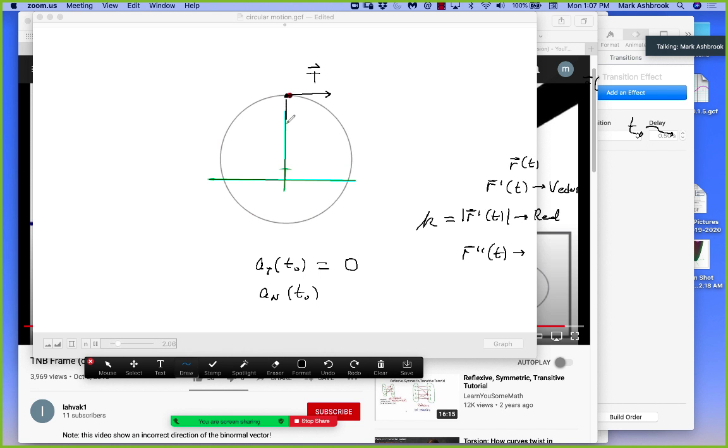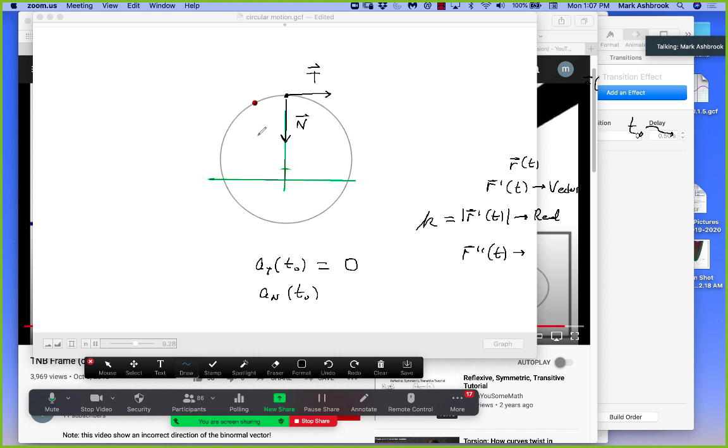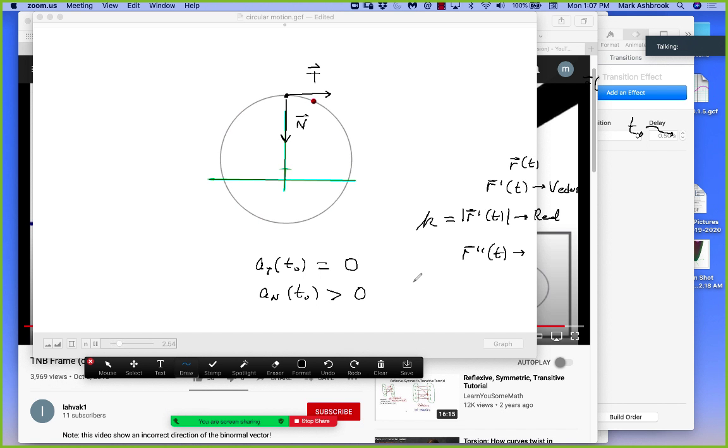Because there are two components to acceleration, we know, right? There's this component in the direction of turning. When an object turns on a curved path, there's acceleration whether it's speeding up or slowing down or not. And so that downward acceleration was acceleration due to turning, not tangential acceleration.